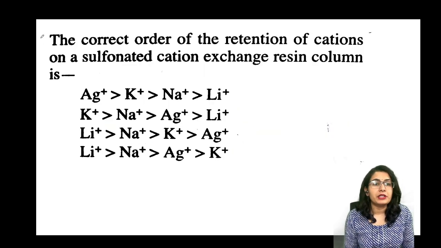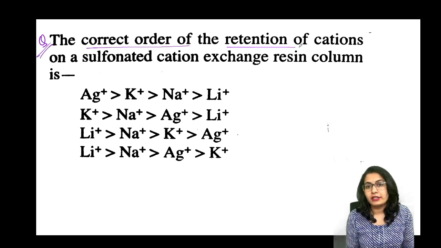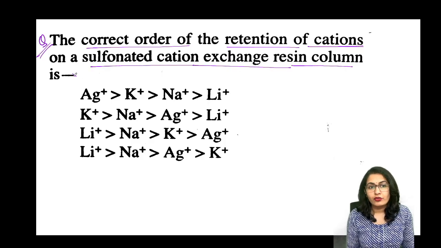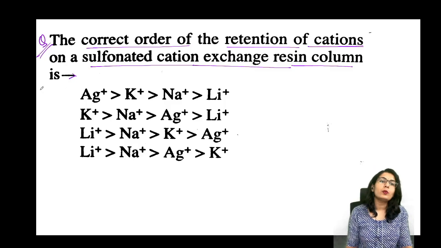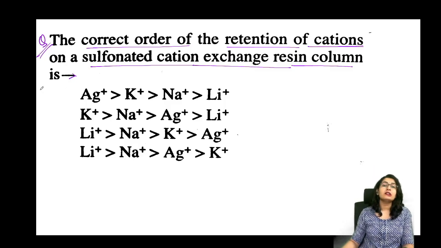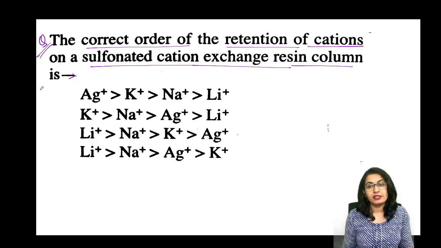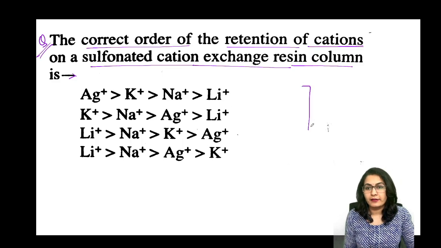Another important question, guys. Look at this. The correct order of the retention of cations on a sulfonated cation exchange resin column is. So I think that I've already given you an idea about this. What is a sulfonated cation exchange resin column? You are having the same column again. There's a tap like this.